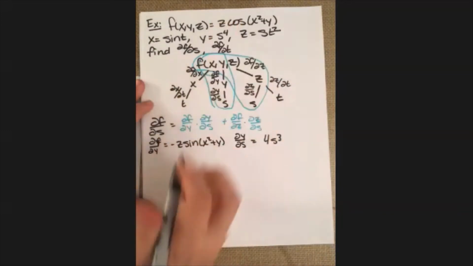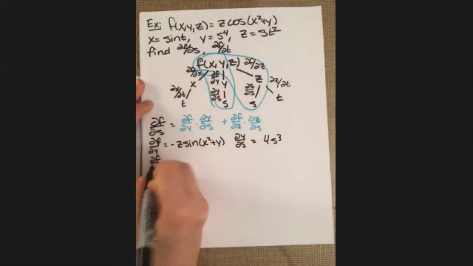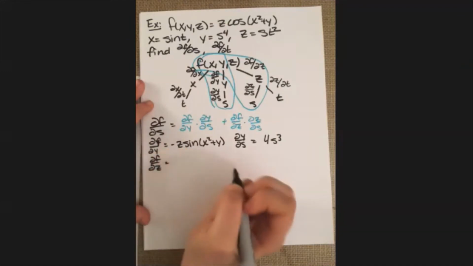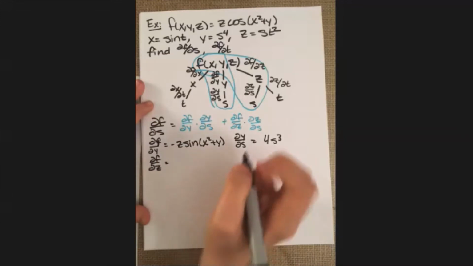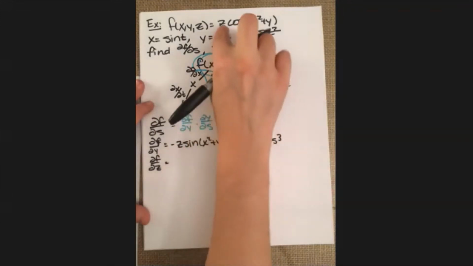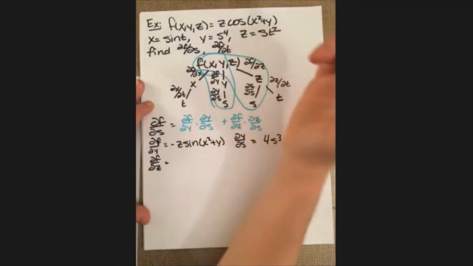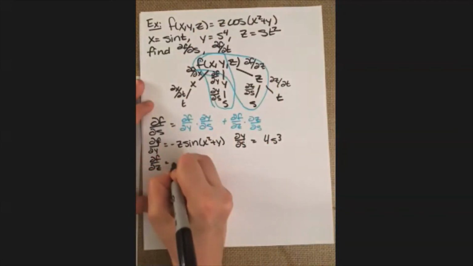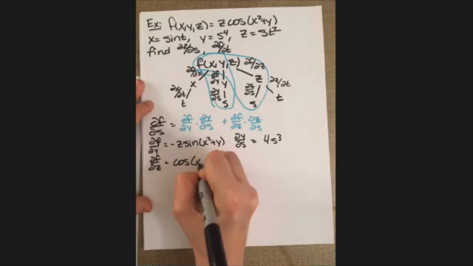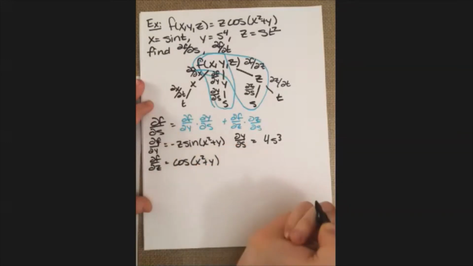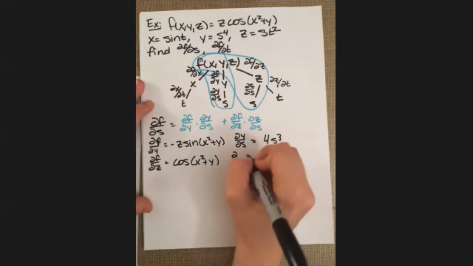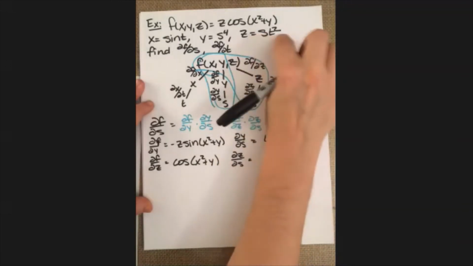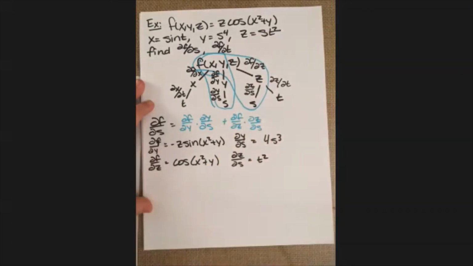Now I want to look at partial of f with respect to z. And I'm going to get this cosine of x squared plus y is just basically a constant because we're not worried about the x and the y. So the z is going to go away, and we're just going to be left with cosine of x squared plus y. And then partial of z with respect to s is going to give me just t squared.